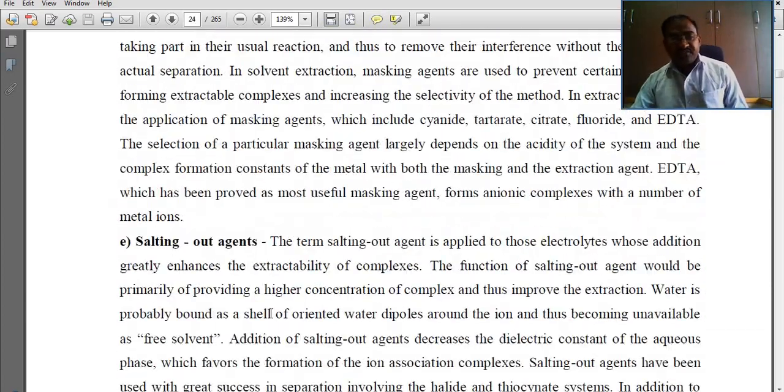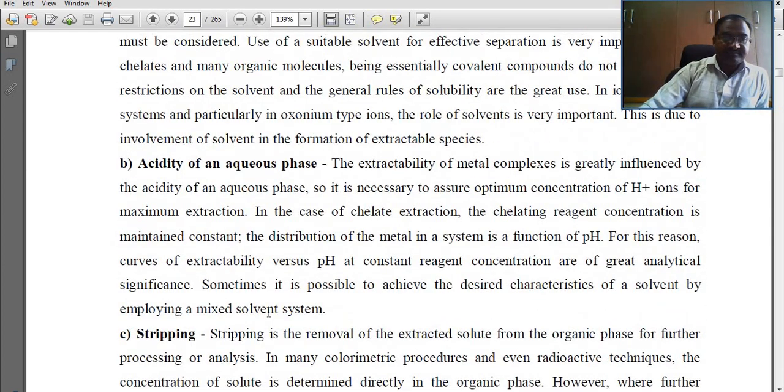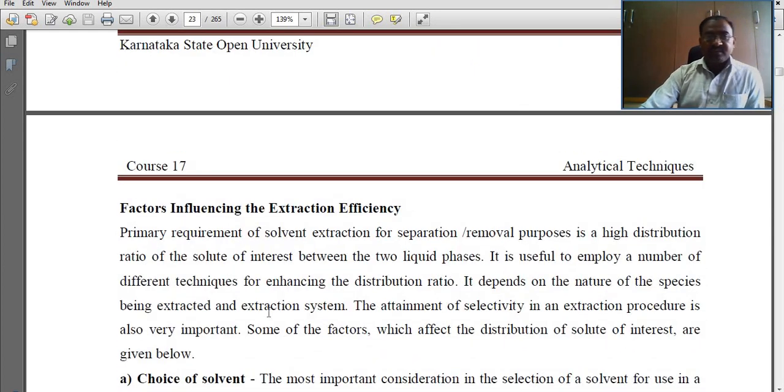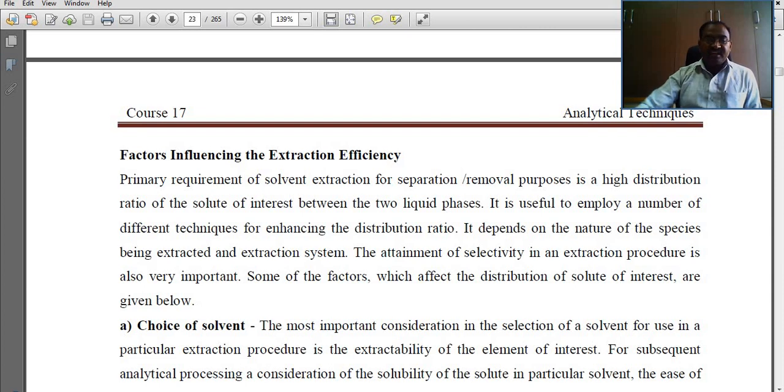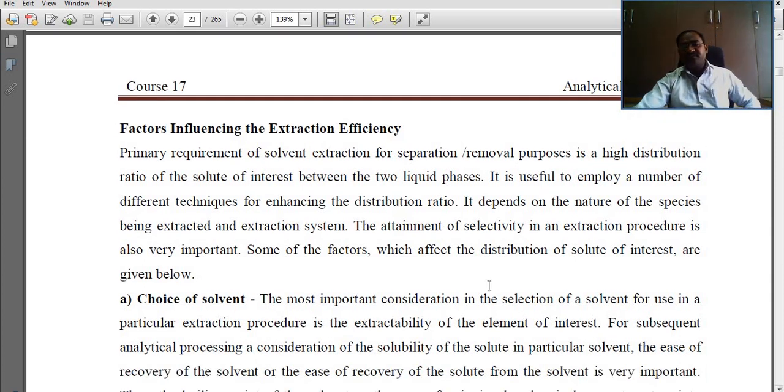These are all factors influencing the extraction efficiency. The choice of solvent is one of the very important ones.